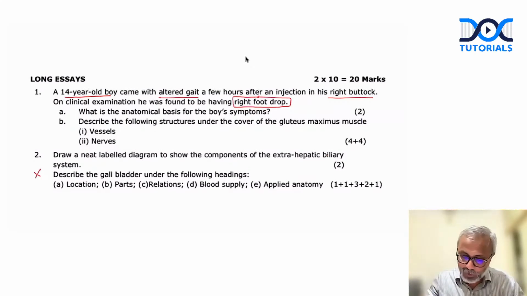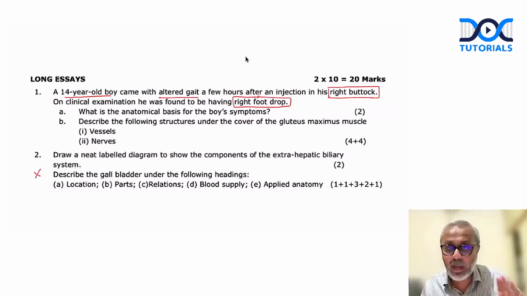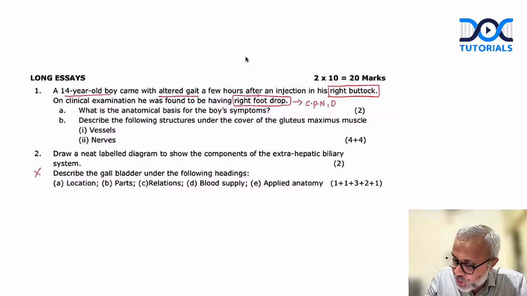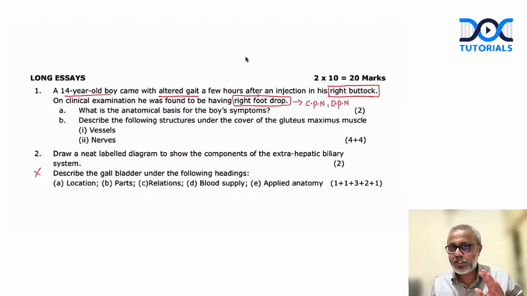But remember, the injection is given where? The injection is given in the right buttock. When does foot drop happen? Remember, foot drop will happen if there is injury of common peroneal nerve or if there is injury of deep peroneal nerve. Deep peroneal nerve supplies all the extensors of the foot, right?